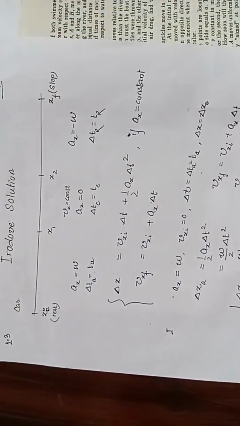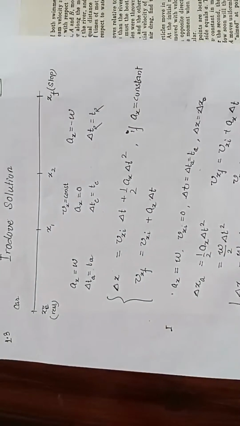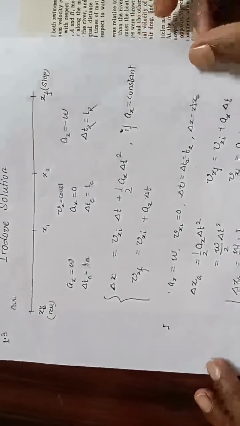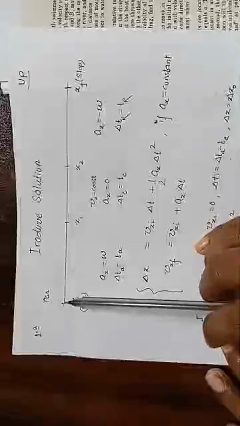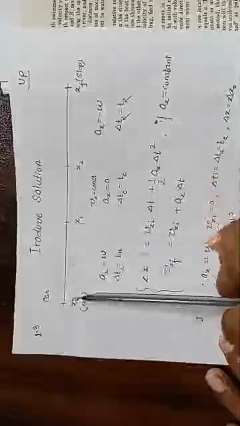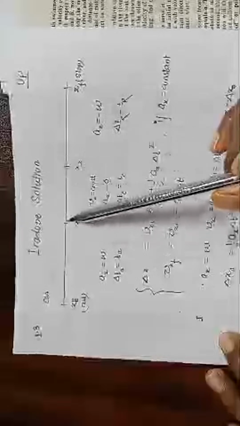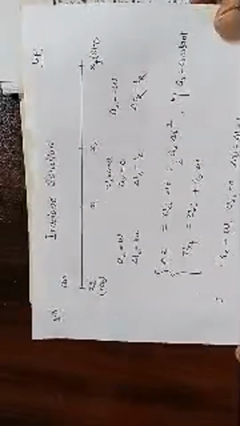This is the case in which suppose the car is accelerated in this zone, moving with constant velocity in this zone, and in the last zone it is retarding.